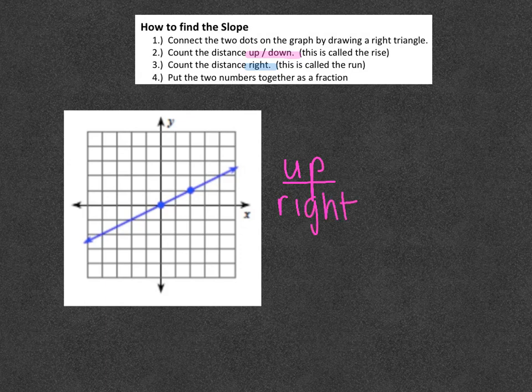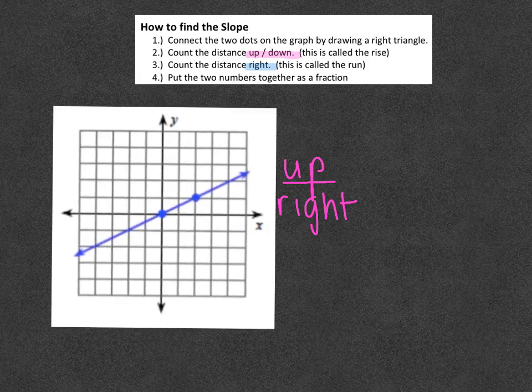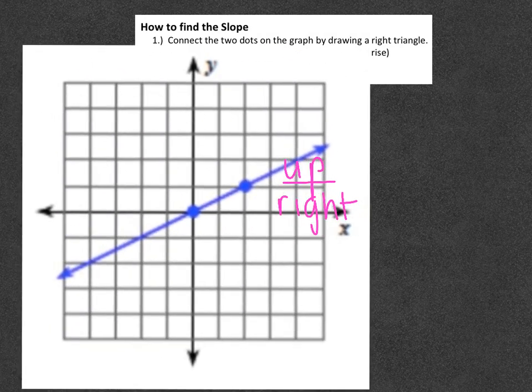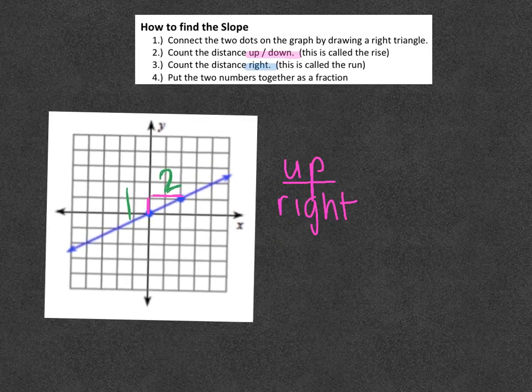When I draw that line, I'm going to zoom in so I can see this better. When I draw those lines, I'm going to go up, then to the right. The amount that I went up was 1. The amount that I went sideways to the right was 2. I'm going to put those numbers together now.